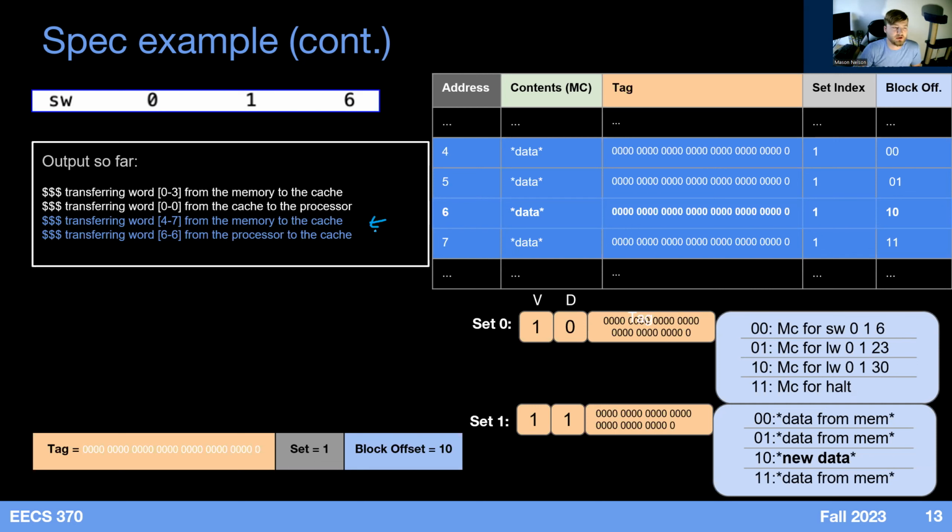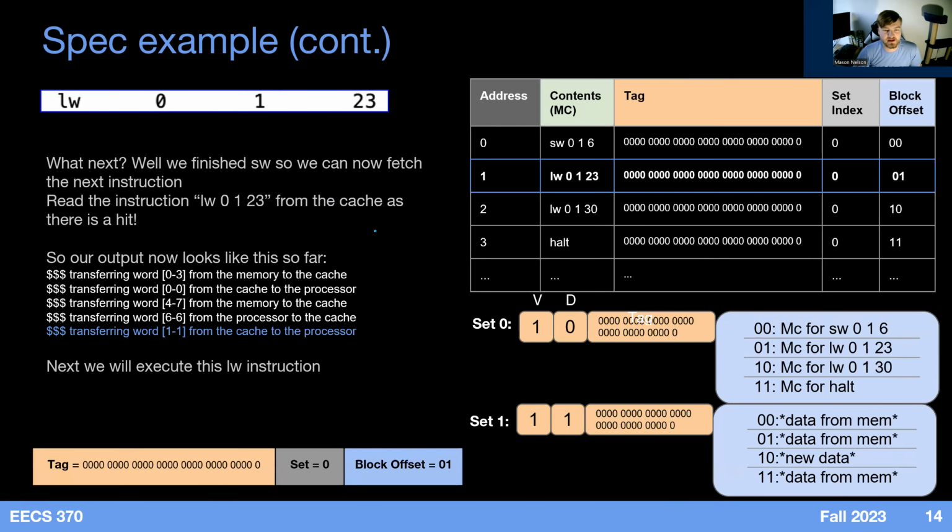And so once again, we know that 4 through 7, that has a range of size, block size. And then we transferred 6, which is just one word, from the processor to the cache. So before we had cache to processor with word 0, and now it's just word 6 from processor to the cache because we're doing a store.